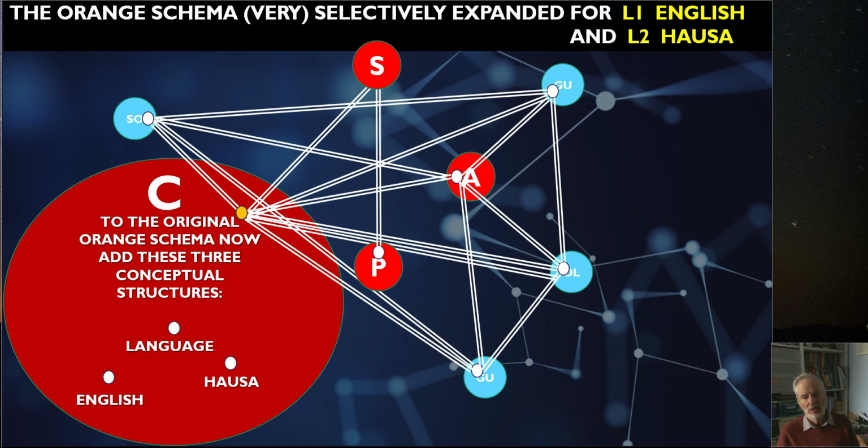Now, this original orange idea, the basic meaning of orange, remember, we would like to add three associations within the conceptual store that have accumulated to it. One is a language.